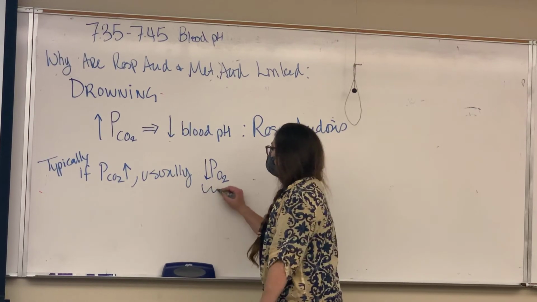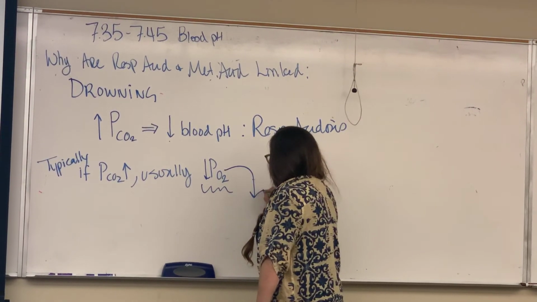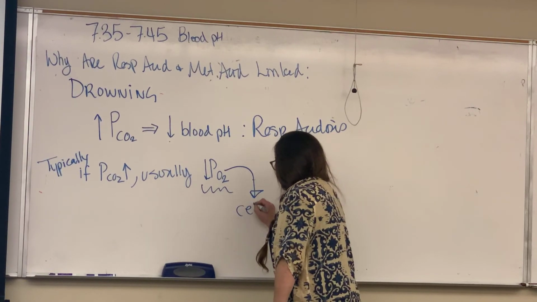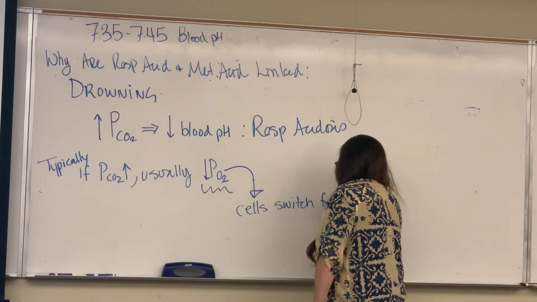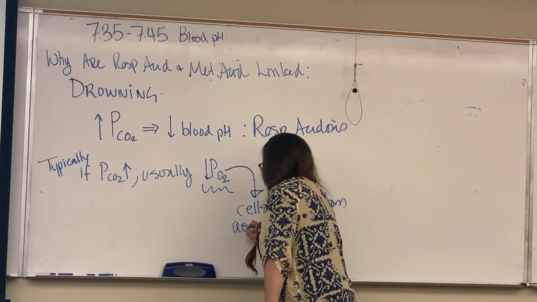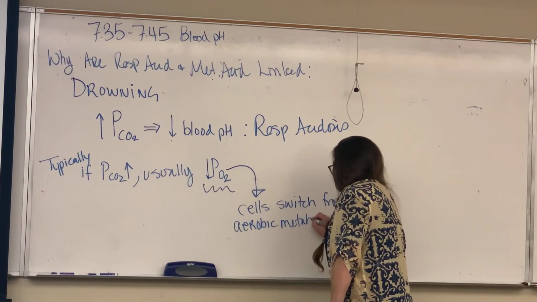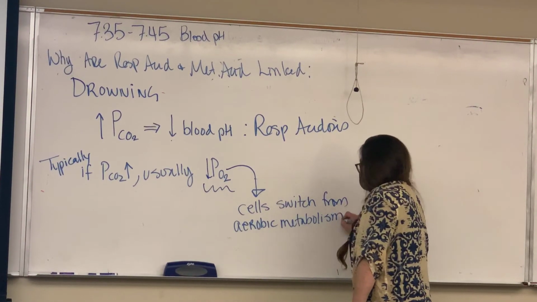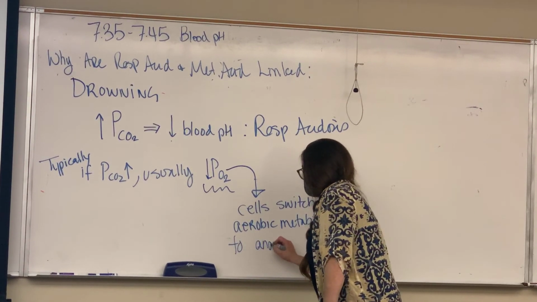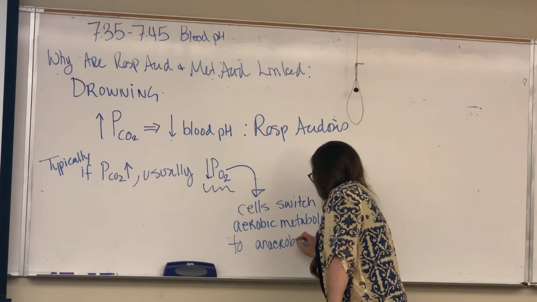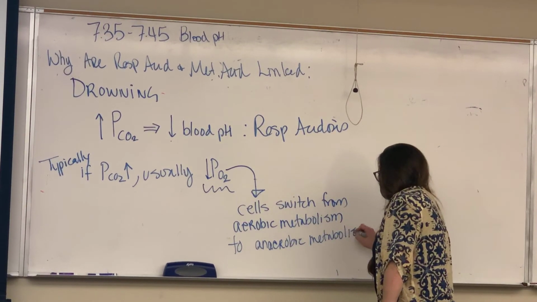Now, let's walk through this first. If your oxygen levels start to drop, then this is going to cause your cells to switch from aerobic metabolism, making ATP using oxygen, to anaerobic metabolism, making ATP without using oxygen.